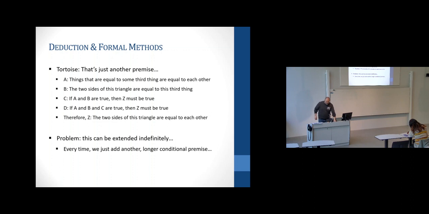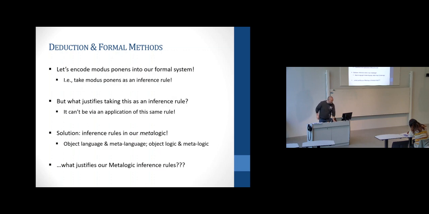So there's one problem. Here's our second problem. Now, this is something else I could say. We could encode modus ponens into the system. We could make it an inference rule, but no, that's just effectively begging the question. That's just saying, you have to buy this. Yeah, but I want to know why. I want a reason. You could kick it up.